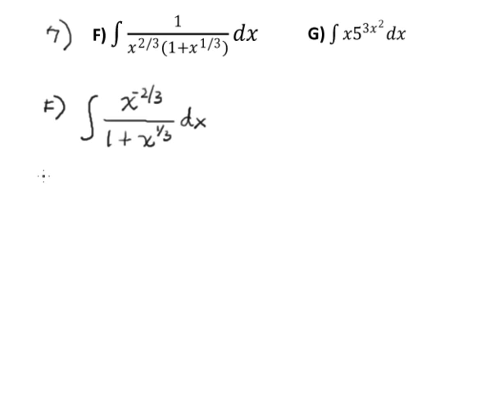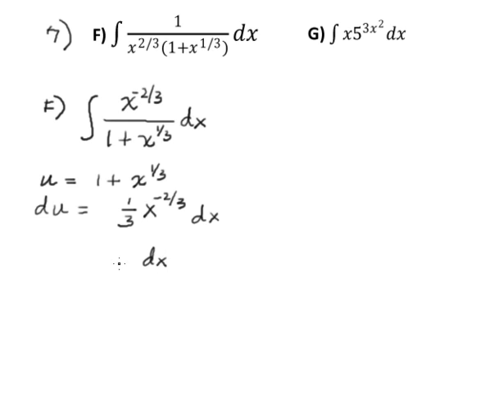Okay, so we can do this. Let's say we do this one with a u substitution. Put u equal to the entire denominator. du is 1/3 x to the minus 2/3 dx.